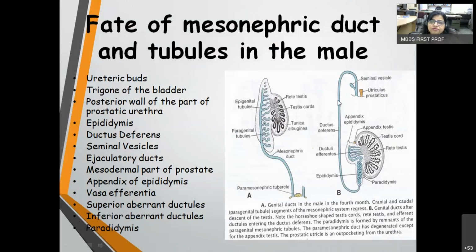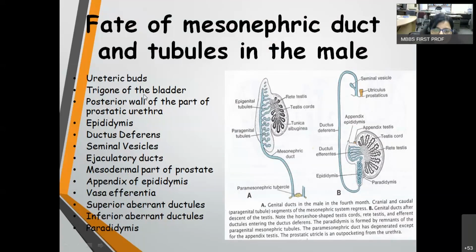Now, the fate of the mesonephric duct and tubules in the male is very important. You may get it as a short note. So, what all derives from it: the ureters, calyceal system, collecting tubules.